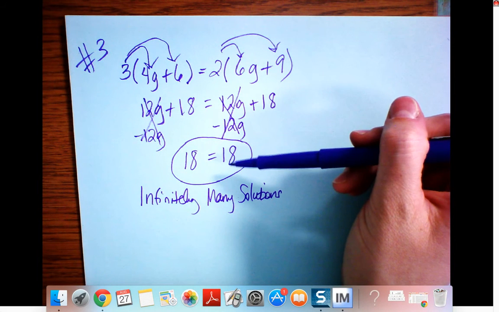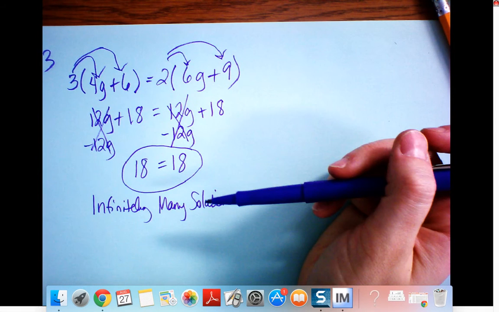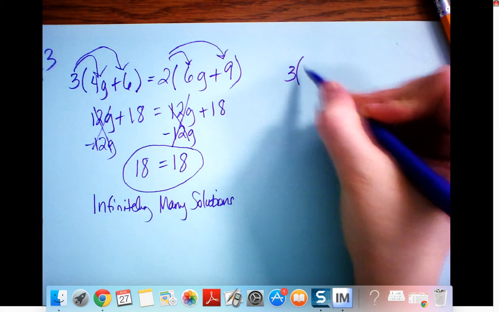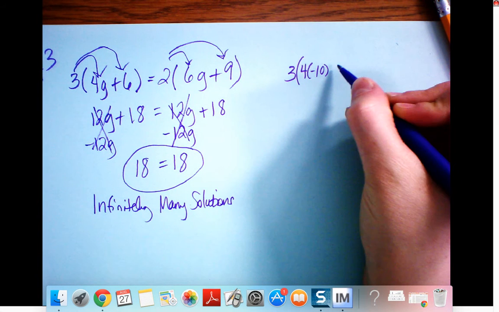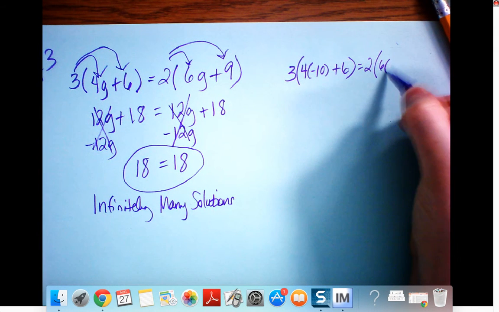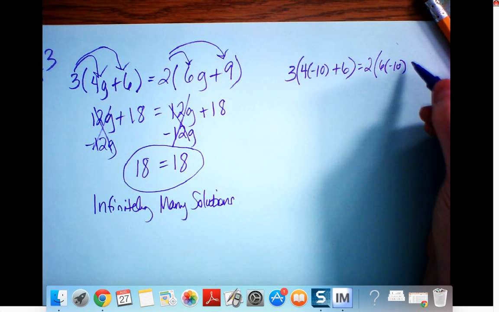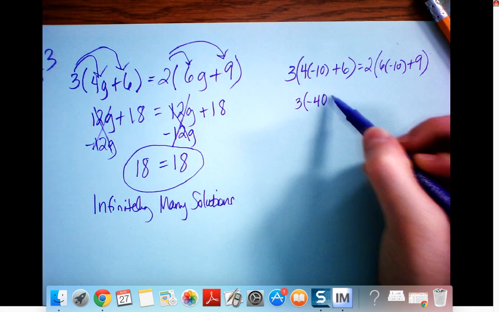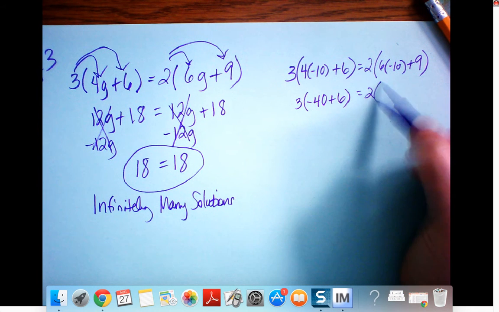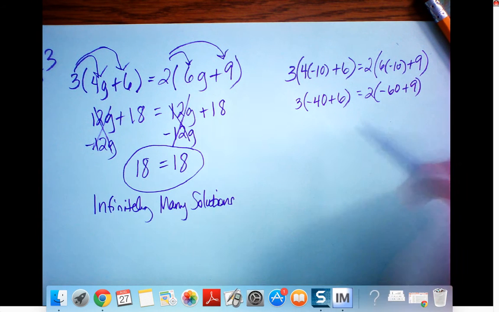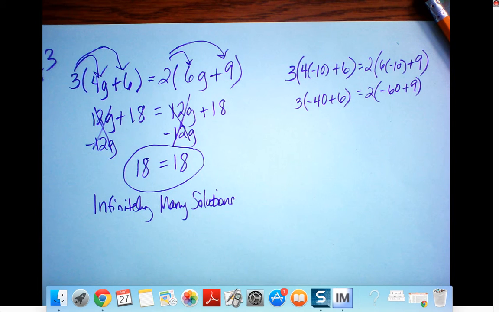So let's test that theory. So I'm going to say that g is negative 10. That's the random number I have chosen. So negative 40 plus 6 will be negative 34.